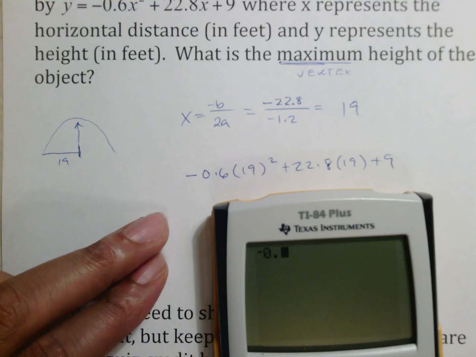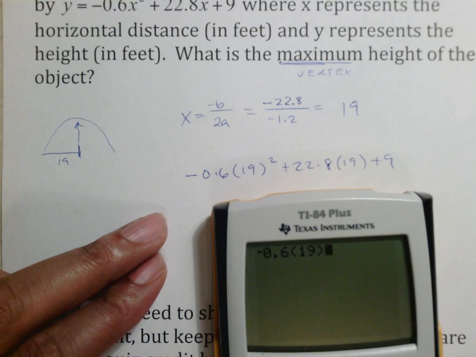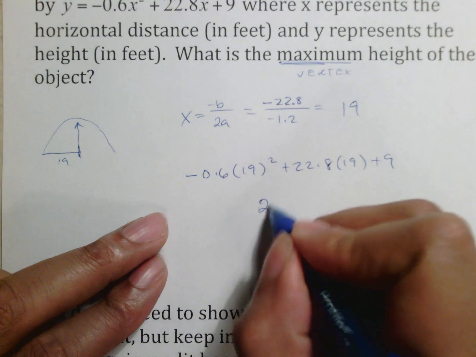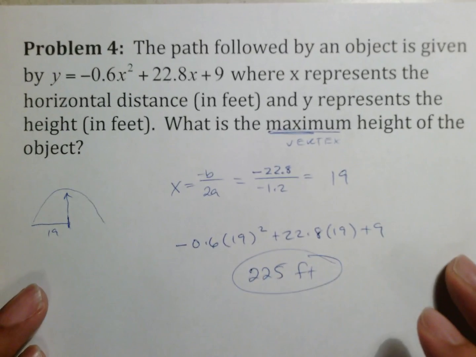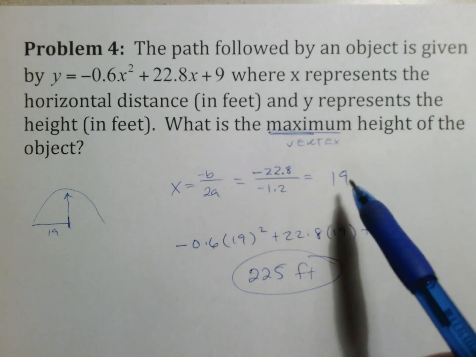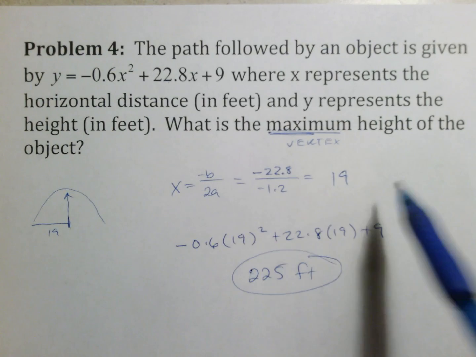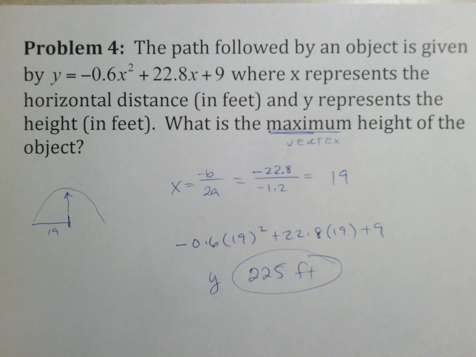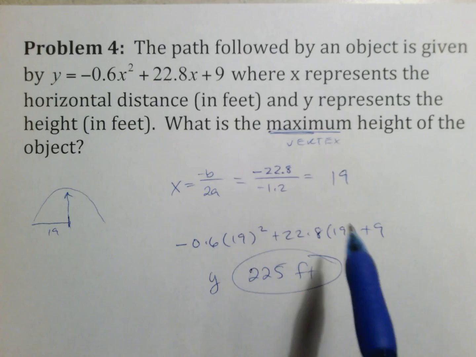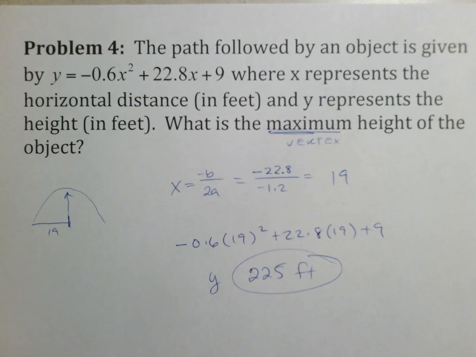Negative 0.6 times 19 squared plus 22.8 times 19 plus 9 gives me a height of 225 feet. Again, this answer is not the horizontal distance. This is your y that you get from going that far. So again, remember that the maximum is the y value that corresponds with the key x, or with the axis of symmetry.